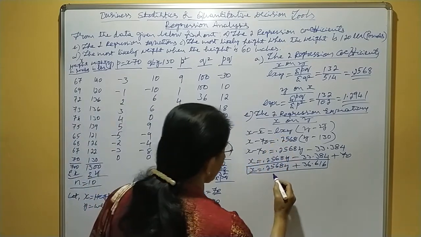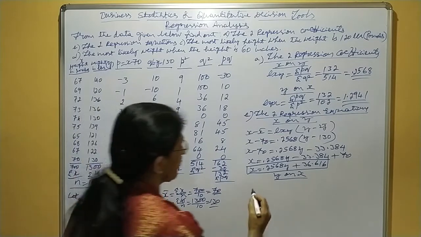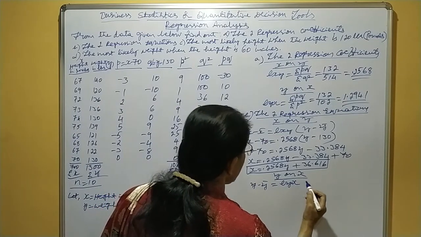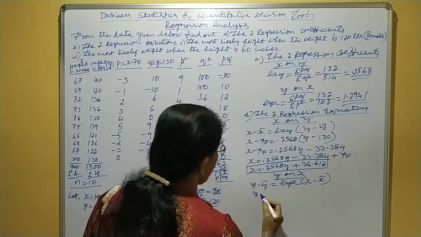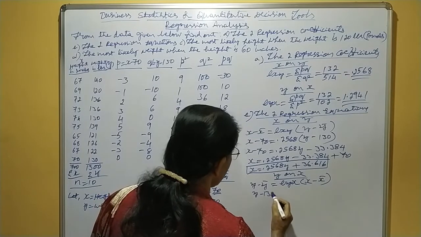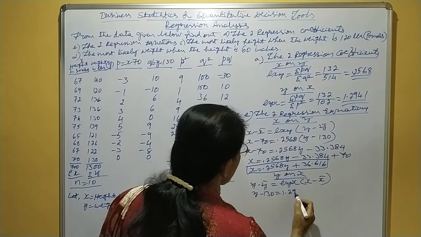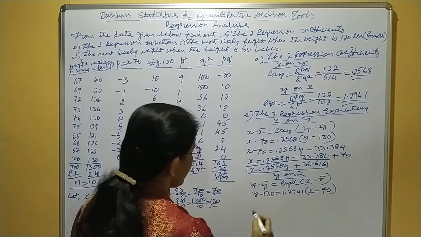Next we have to take y on x. Okay, equation is y minus y bar equals byx into x minus x bar. Y minus y bar 130 equals byx 1.2941 into x minus x bar is 70.